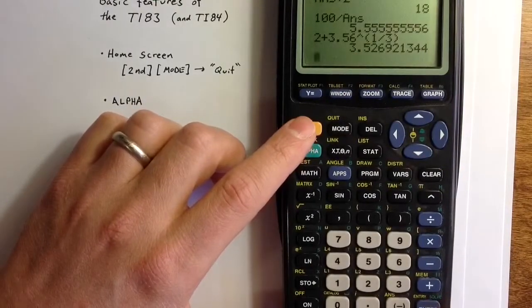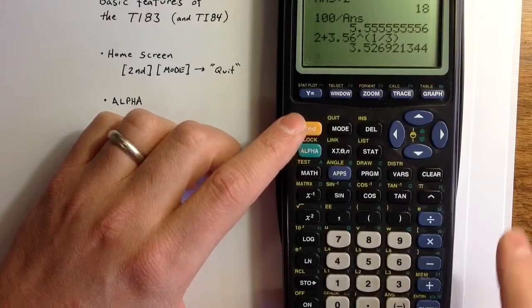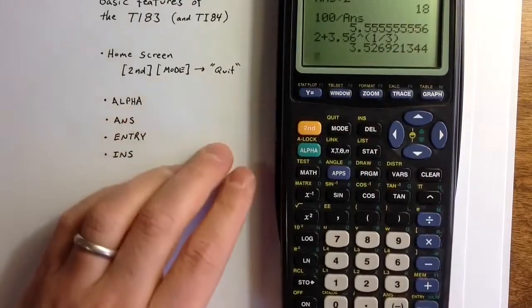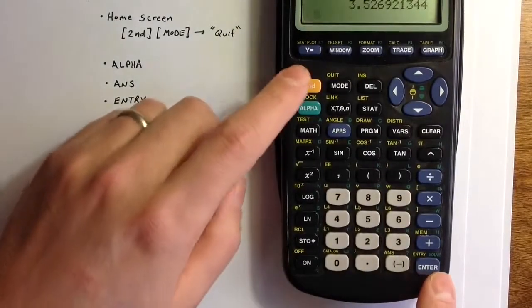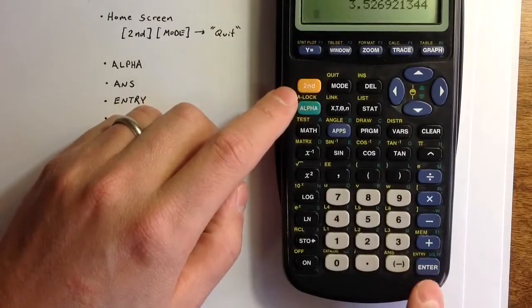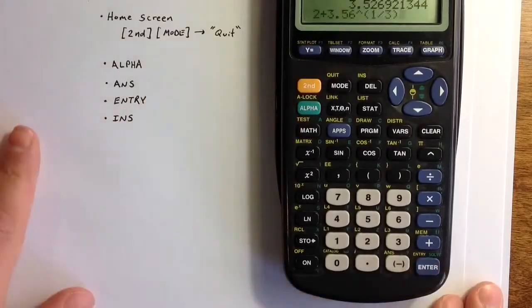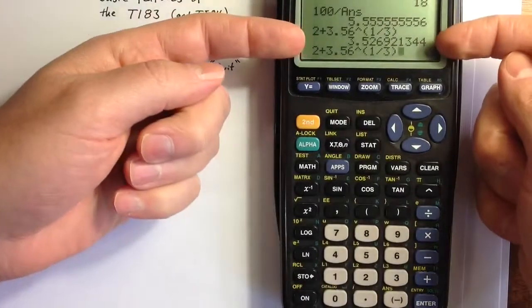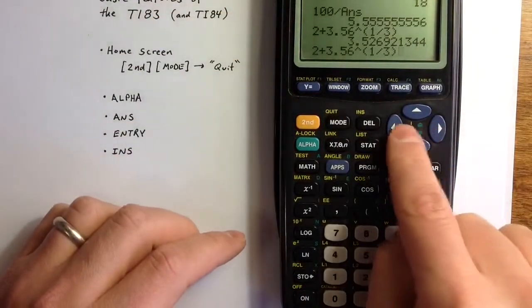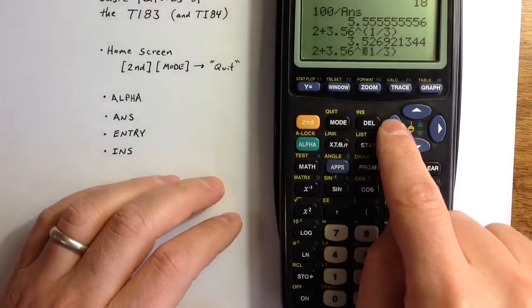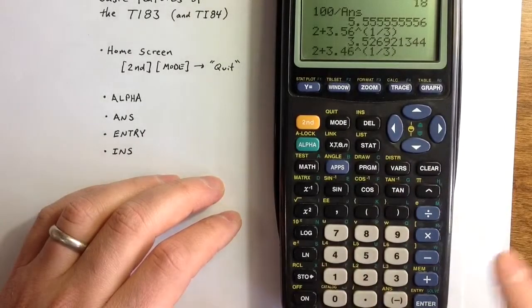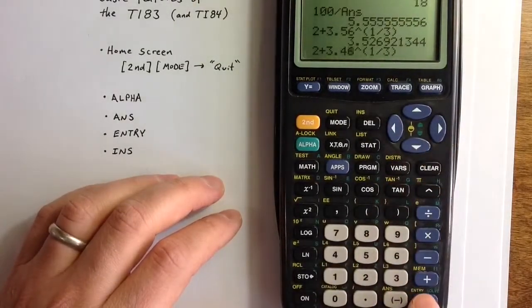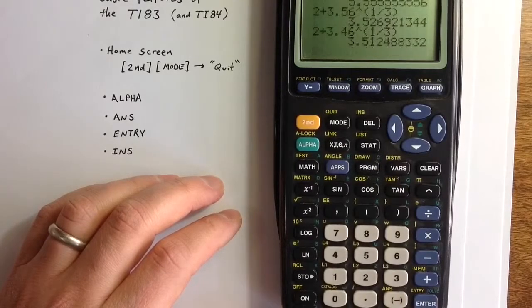If I don't want to retype that whole expression, I can use the entry command to bring back the previous line. It's a yellow command, so I hit second and then entry. It brings back the most recent calculation, and then I can use the arrow keys to go back into that expression, change the 5 to a 4 and redo that calculation.